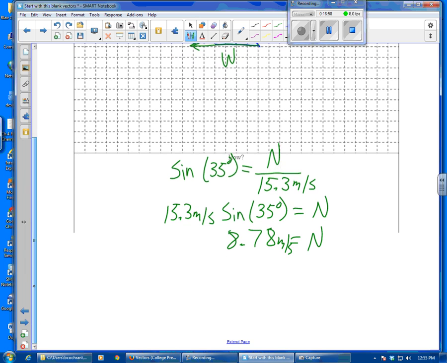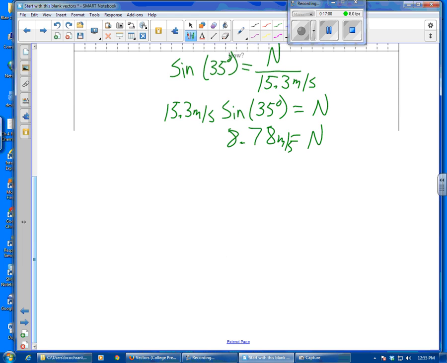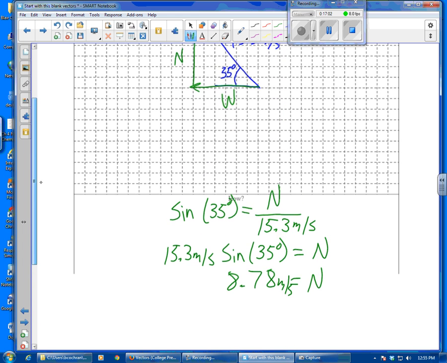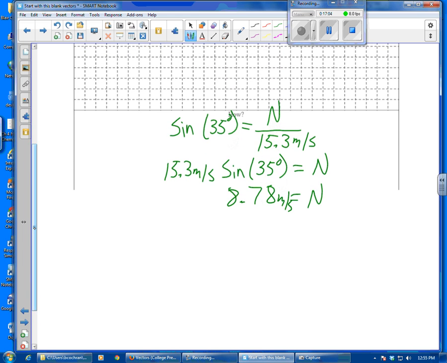And I'm going to be risky because it's Friday and go on and do the adjacent side. The adjacent side is W, and adjacent uses cosine. Cosine 35 degrees equals adjacent W over 15.3 meters per second, which is my hypotenuse.